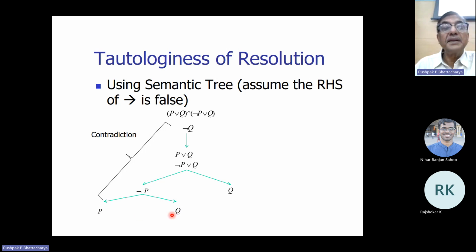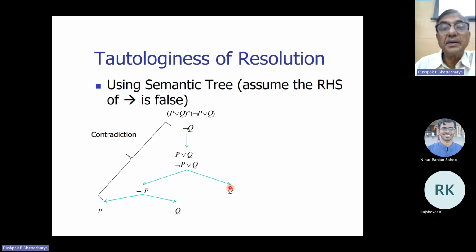Now what will happen is that take any path from leaf to the tree, take any leaf and traverse the path from the leaf to the root. Okay, and you will meet contradiction on the way. So let's start from here. I got P here and then not P. So contradiction. I start with Q here, I go to the parent, go to the parent, go to the parent, not Q, contradiction.